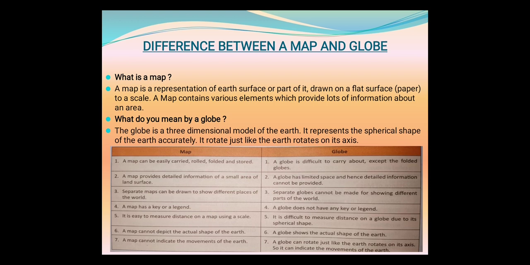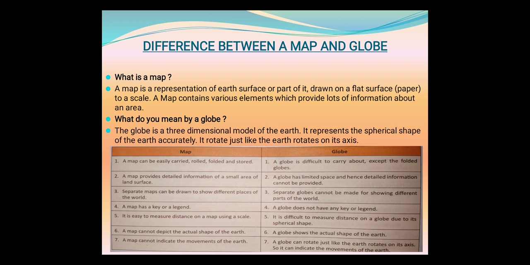Similarly, a map can be drawn to show different places of the world, whereas a globe cannot be made for showing different parts of the world. Further, a map has a key or legend, but a globe does not have any key or legend.